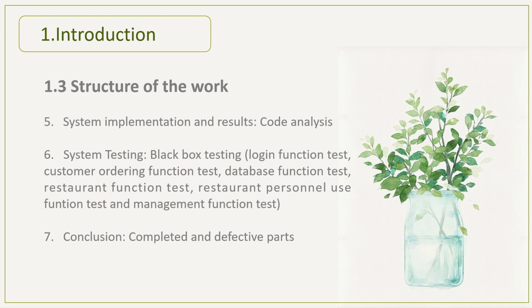The sixth part is about system testing. System testing uses a black box testing method to document test results and defects. This includes login function test, customer ordering function test, database function test, restaurant personnel use function test, and management function test.